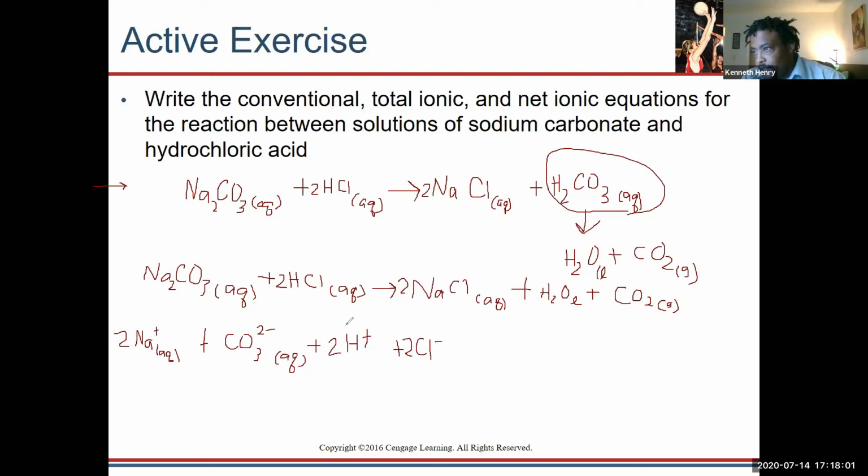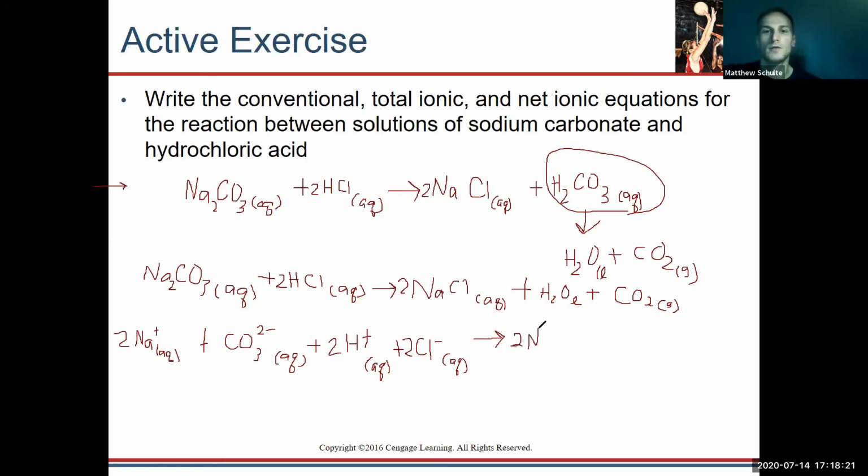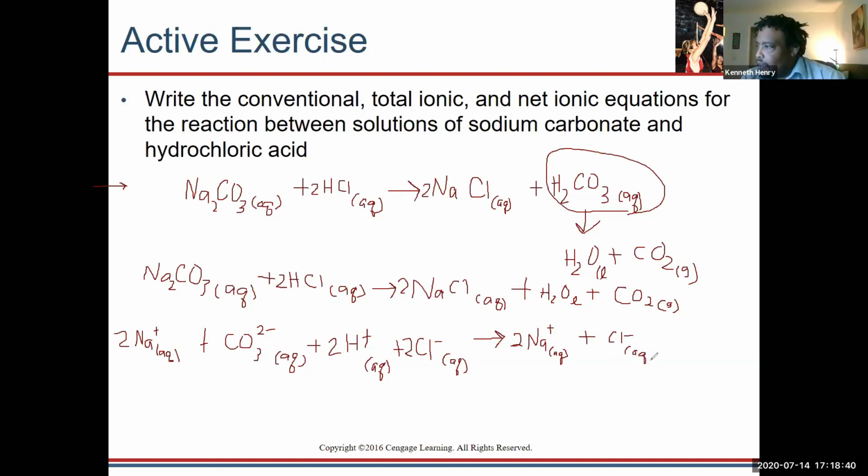Then 2 Na plus, aqueous, plus 2 Cl negative, aqueous, plus H2O.